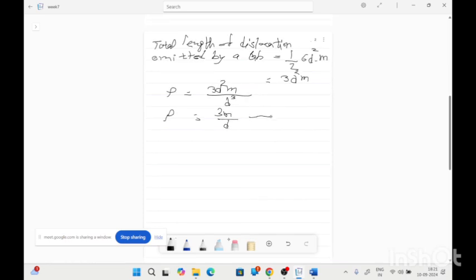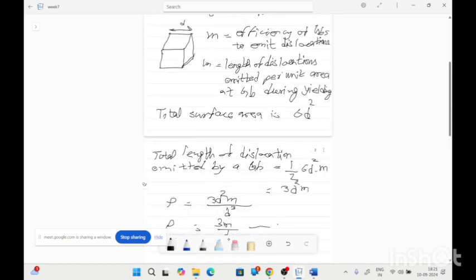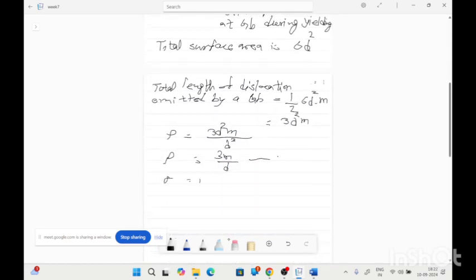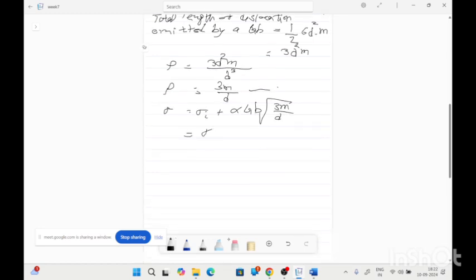If we put this term into the Hall-Petch relation, that is sigma equals sigma I plus alpha G b square root of 3m by D. By rearranging this equation, this term can be written as the constant k.